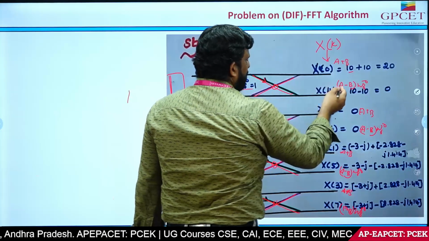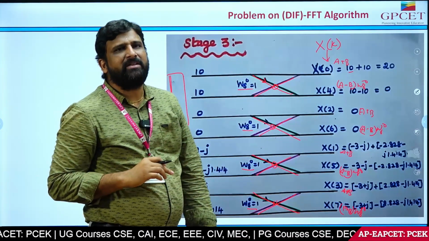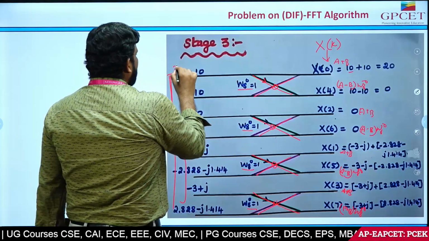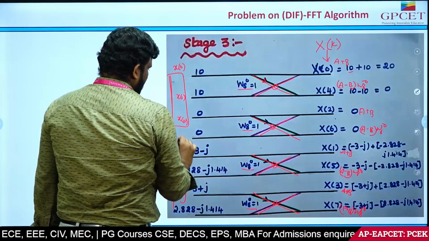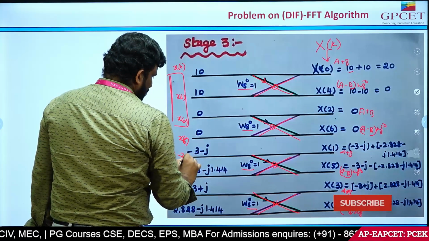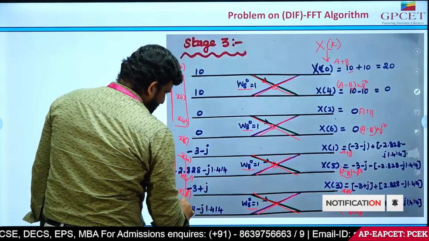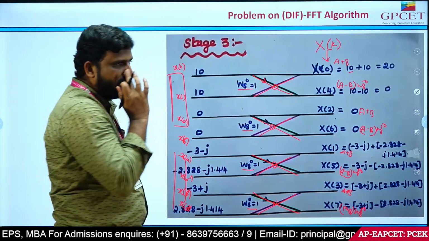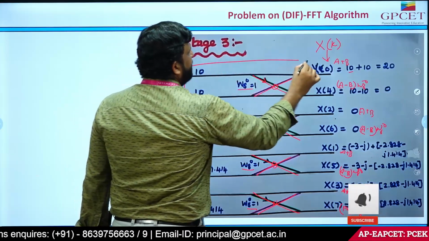So X of k is equal to, and be careful here, you need to consider the bit reversal. Here X of 0, X of 1, X of 2, X of 3, X of 4, X of 5, X of 6 and X of 7 are the input sequences we have taken. After doing all these calculations, these will be bit reversed.